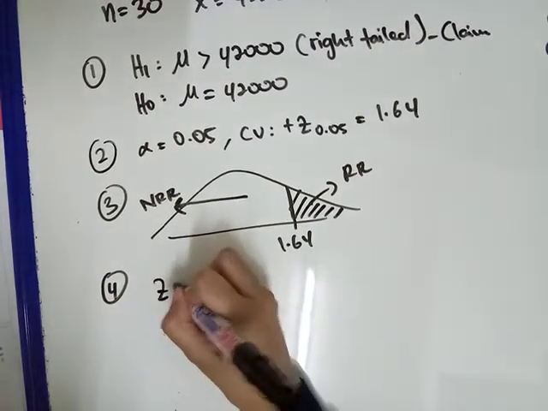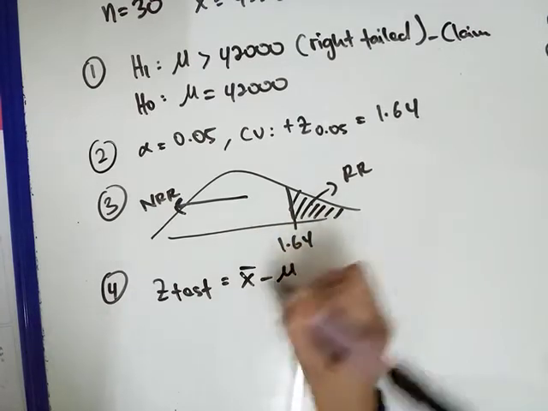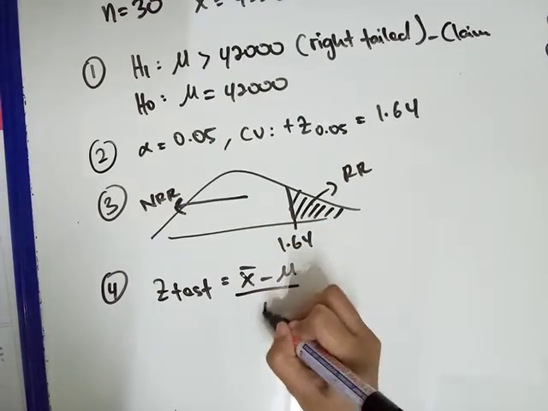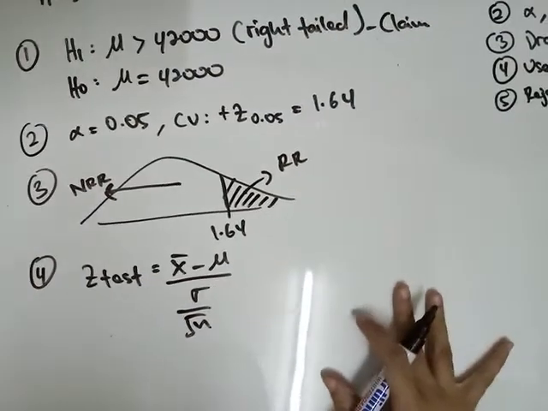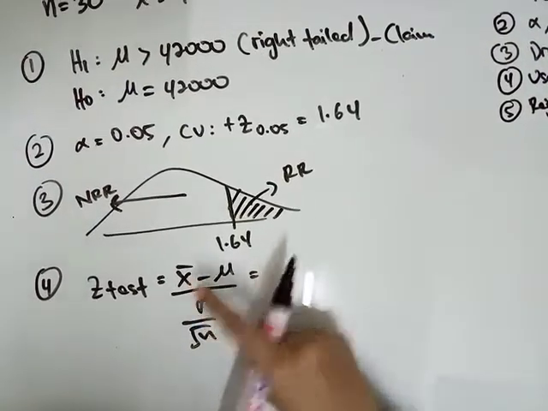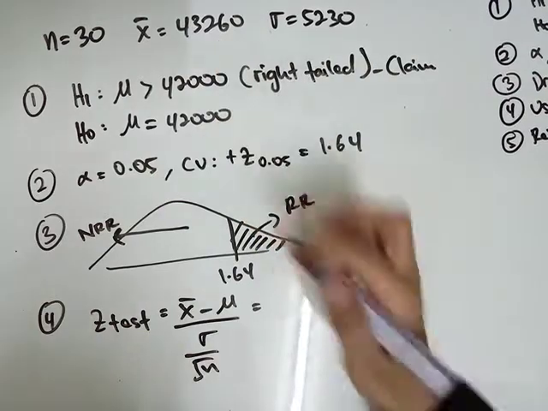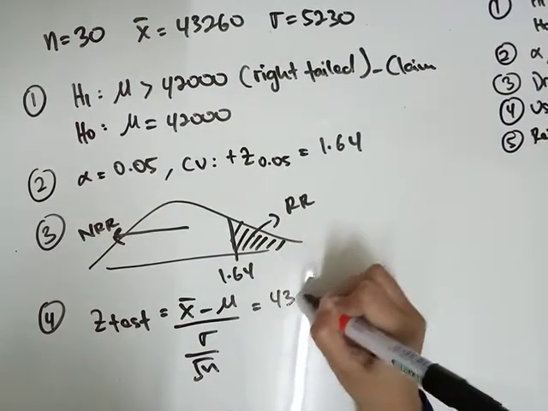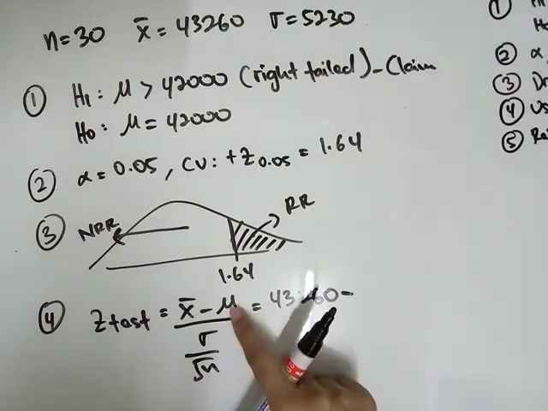So Z test formula is sample mean minus population mean divided by population standard deviation over square root sample size. Okay, so we know that sample mean is 43,260 minus apa? Population mean.